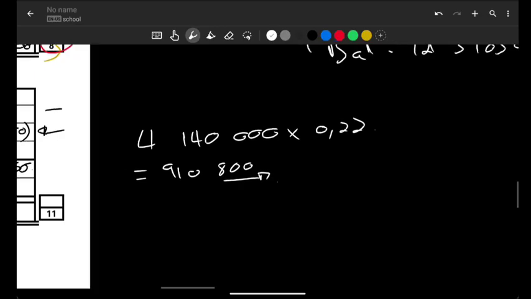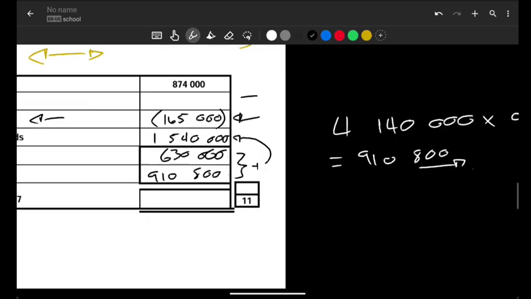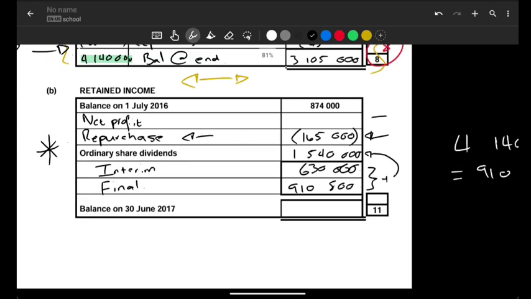there, right? So 910,800, and then our total there would be, when you add these two up, remember you have to add these two up, and then the answer that you get, you put it right there. So it's going to be 1,540,000. Now remember, dividends, you're paying it out.